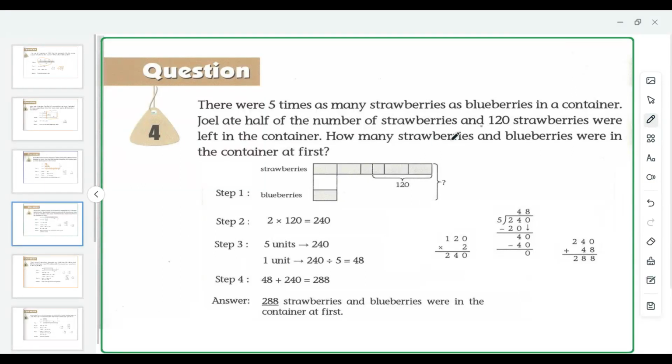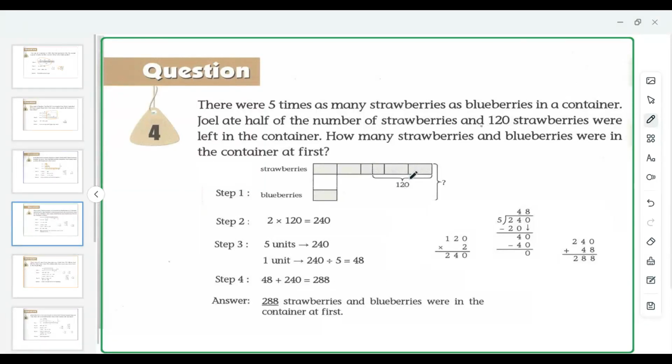How many strawberries and blueberries were in the container at first? First step, draw a diagram. This much is strawberries. Okay, 5 units, 5 times. And he ate half.